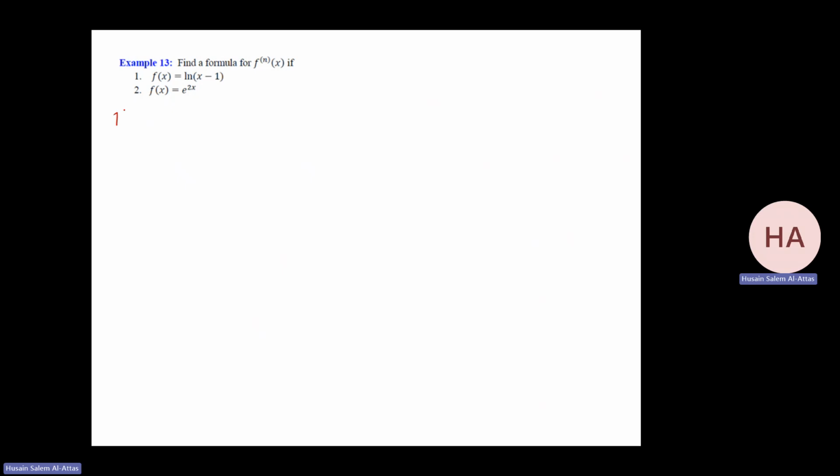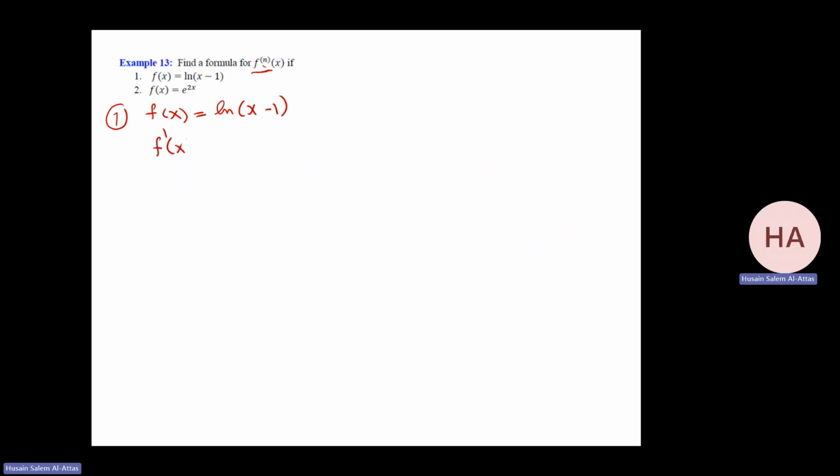First one, as we said, to find the nth derivative, you need to start with, you do like 3, 4 until you feel that you understand what's going on. Then try to find the pattern. So I have f of x is ln (x minus 1).